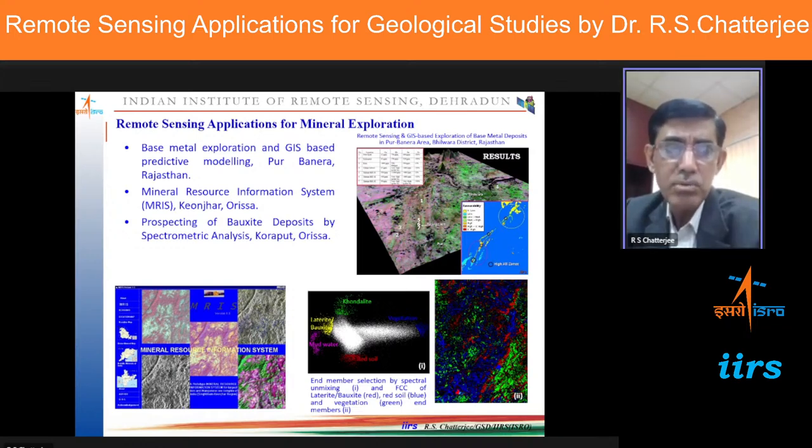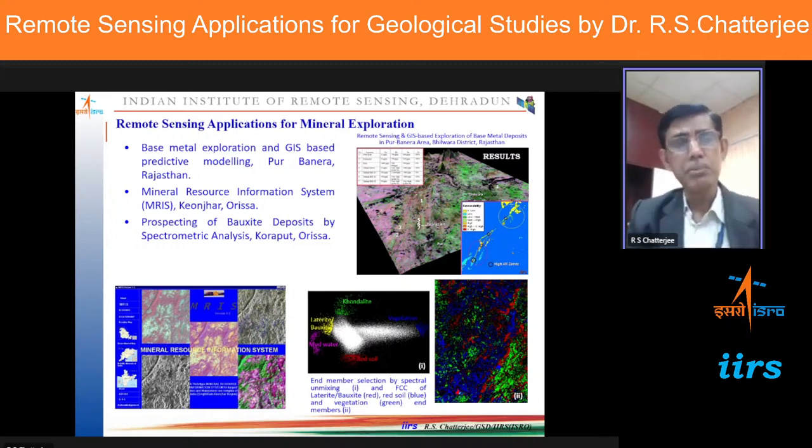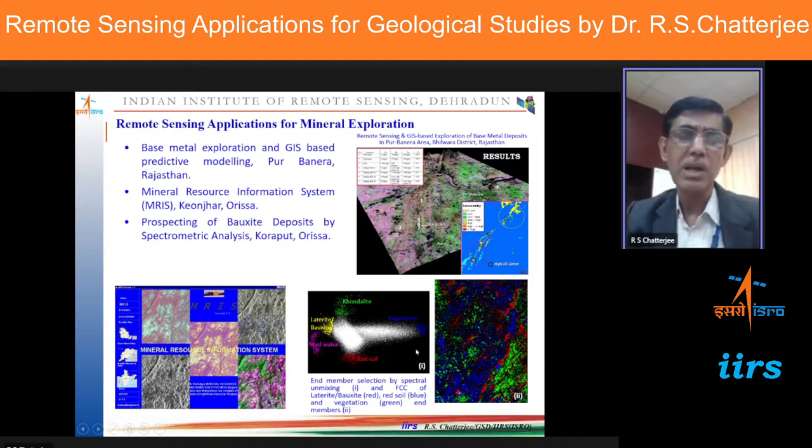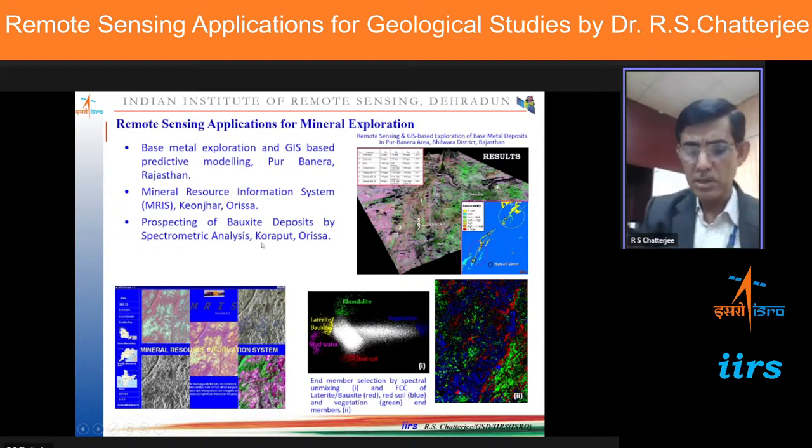We can also prospect the mineral deposit underneath. And also by geographic information system, you can have a mineral resources information system. And different surface minerals like bauxite, phosphorite, different minerals or iron deposits, you can prospect using multispectral, but most importantly by hyperspectral remote sensing.